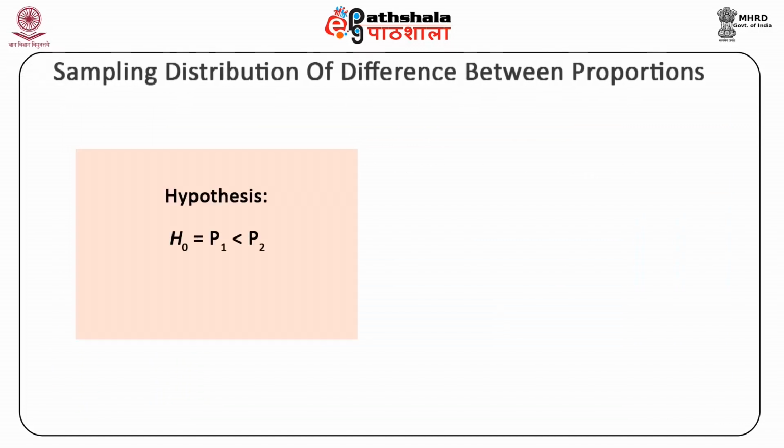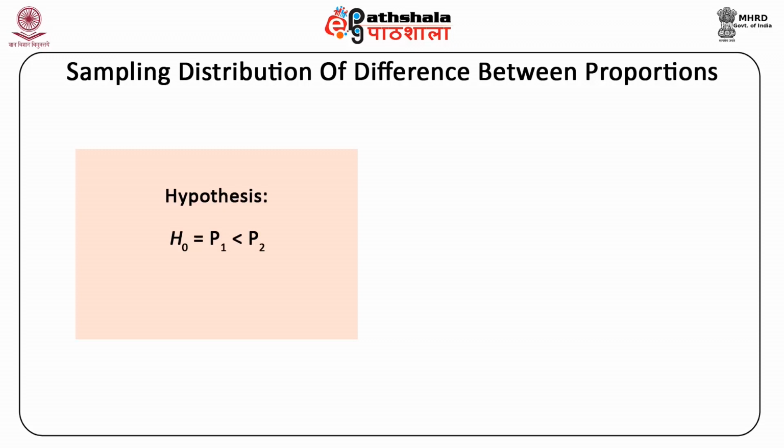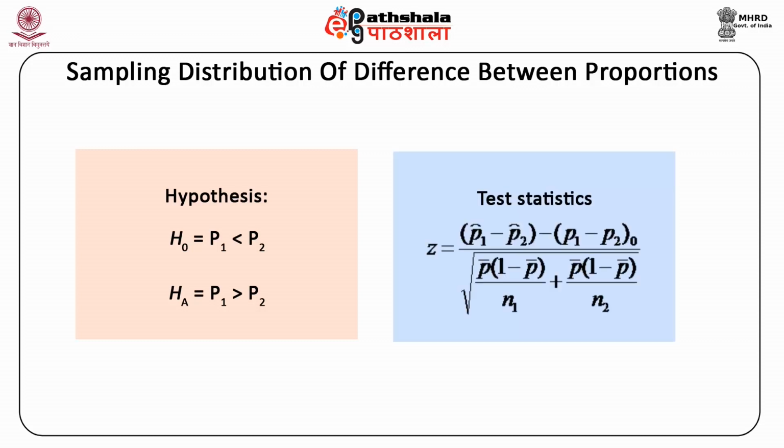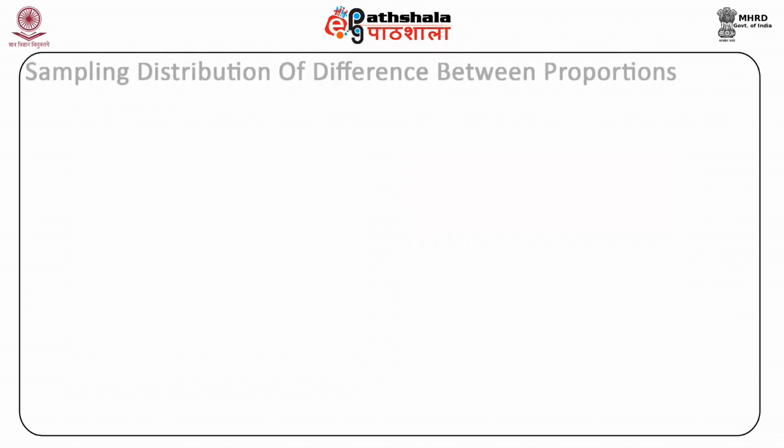Moving on to the hypothesis, we have H0: P1 less than P2, H1: P1 greater than P2, and the test statistic Z is calculated as Z equals (P1 hat minus P2 hat minus (P1 minus P2)naught) upon the square root of P bar into (1 minus P bar) upon N1 plus P bar into (1 minus P bar) upon N2.